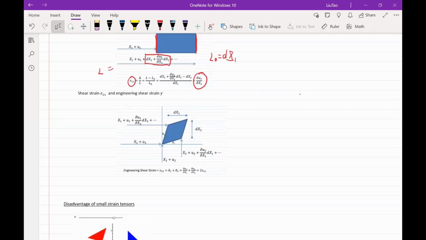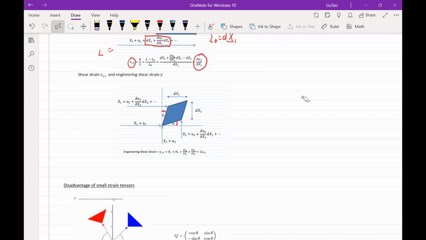So now let's take a look at engineering shear strain. Based on the definition of a shear strain, it's equal to the change of the angle. So engineering shear strain, for this situation, is equal to theta 1 plus theta 2. So if we have a square with the length dx1 and dx2, then after deformation, it will look like this. So after deformation, the left bottom corner will have a new coordinate.